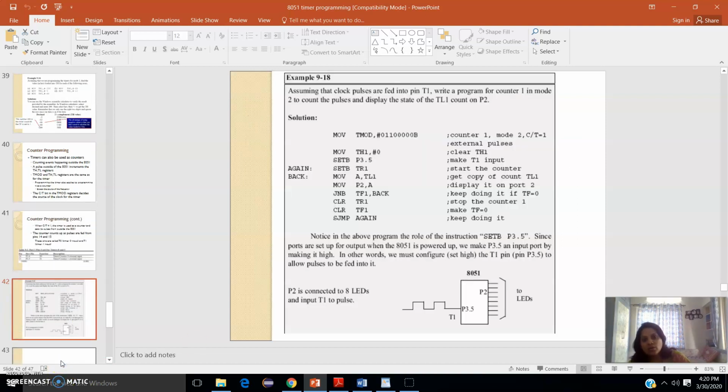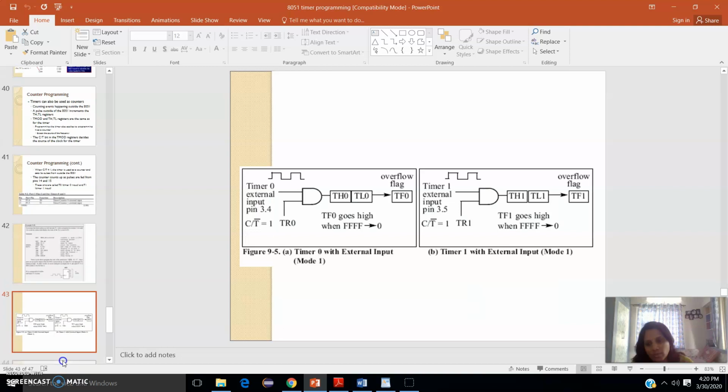If you set the value at P3.5 and then start your timer, whatever pulses are fed from that pin are considered as input for your 8051 as a counter. So that is what is called counter programming.